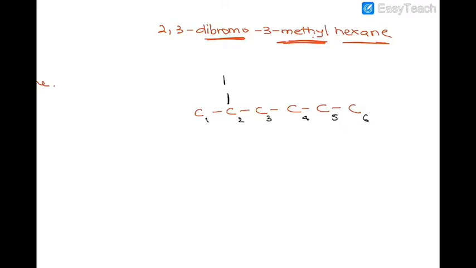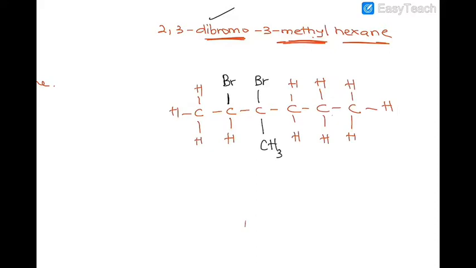There is 1 bromine on carbon number 2. There is another bromine on carbon number 3. 3-methyl. So on carbon number 3, there's going to be a methyl side chain. So CH3. Here are the side chains. Now I can fill up with hydrogen. So here you have the compound.